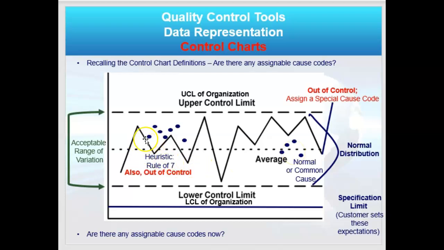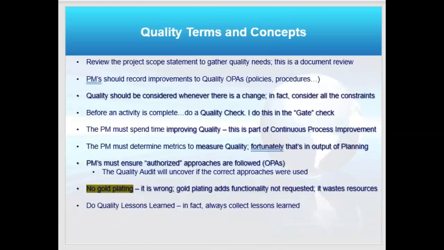The only exception to that is this rule of 7. I'm within the upper and lower control limit, but these 7 dots in a row aren't varying. There's no natural variation. That's also a problem, and we want to assign a cause code to that. It's the only time within the upper and lower control limits that we would assign a cause code.